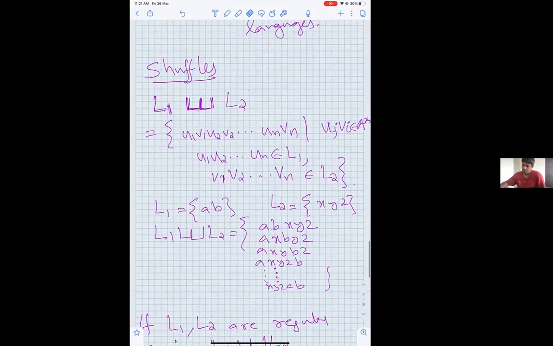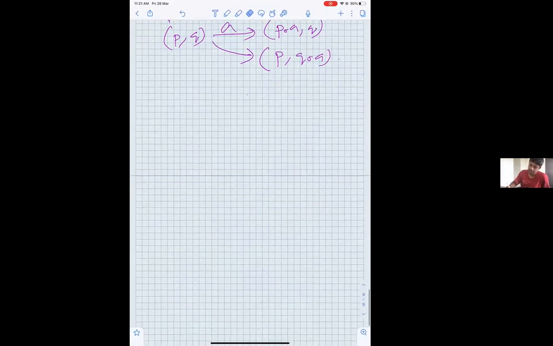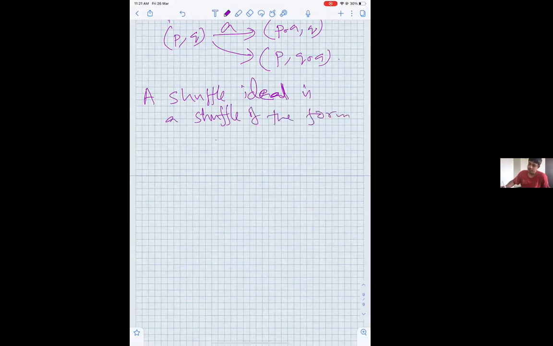Now we are interested in a shuffle ideal. A shuffle ideal is of the form L shuffle A star.